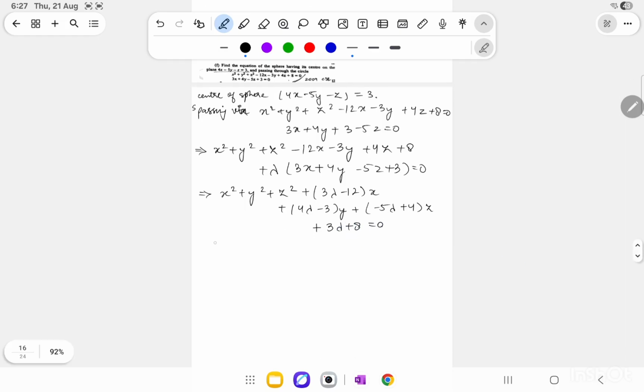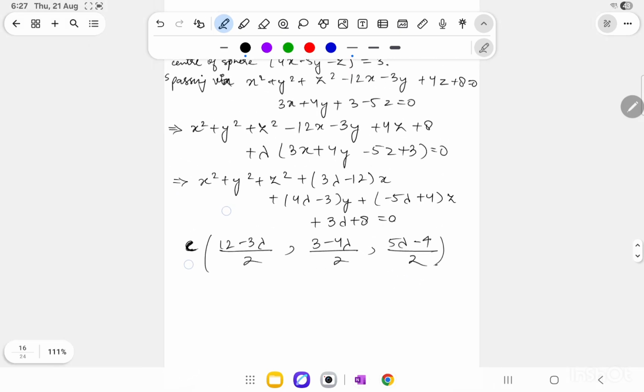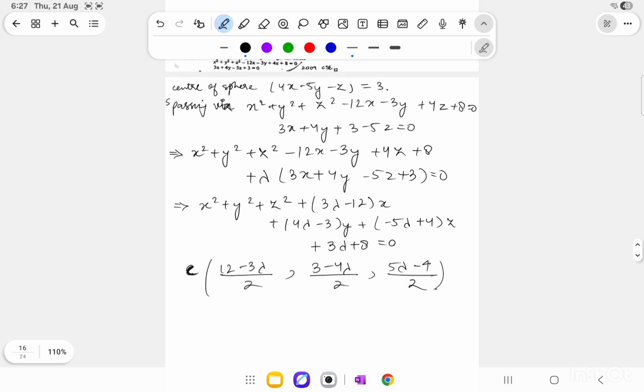So if this is my equation of sphere, I can easily find the center of this sphere. That would be 12 minus 3 lambda by 2, comma, 3 minus 4 lambda by 2, comma, 5 lambda minus 4 by 2. Also in the question it is given that the center of the sphere lies on this plane.